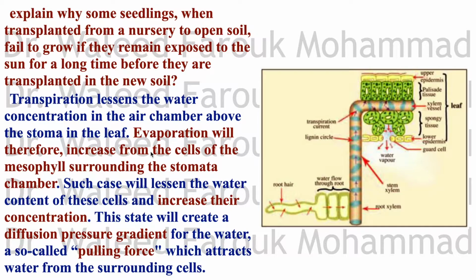The water itself will be in less amounts, so the water content will be concentrated, and this maintains a kind of pull or affinity on the column of water inside the plant. In such case, it will lessen the water content and increase their concentration. This state will create diffusion pressure for the water. It's a pulling force which attracts water from the surrounding cells.